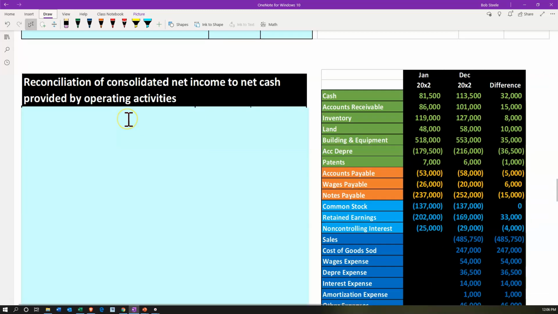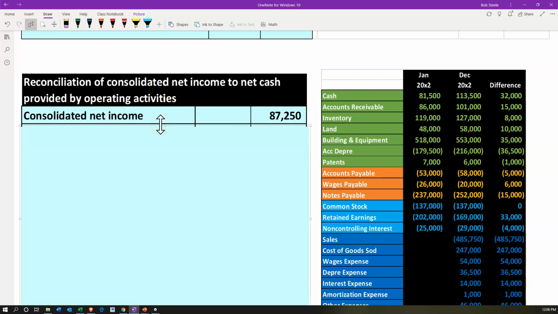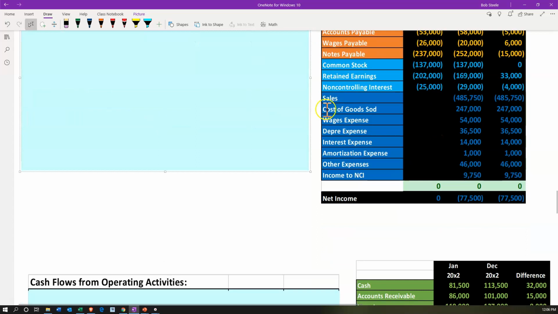So the reconciliation of consolidated net income to net cash provided by operating activities, similar to the operating activities under the indirect method, would start with net income generally. But as we saw with a prior presentation with a similar problem on the indirect method, we're taking everything except that non-controlling interest.